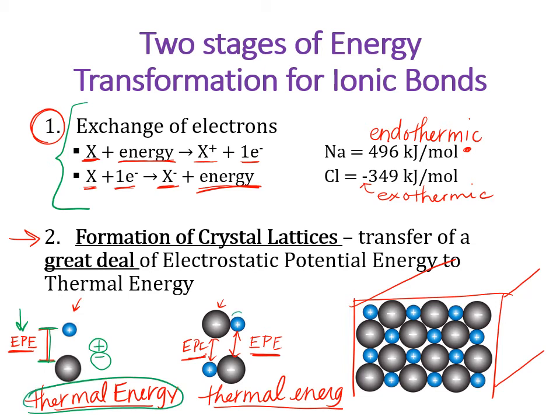Then NaCls are attracted to other NaCls because they're electrically charged. So all of that electrostatic potential energy is transformed into thermal energy. And then we multiply that by billions, and we get the formation of crystal lattices and the energy involved in that formation.